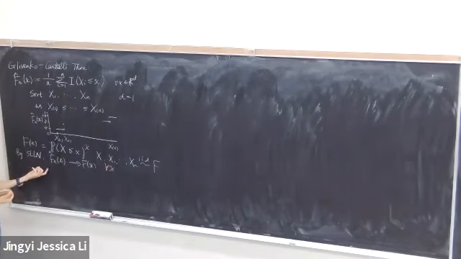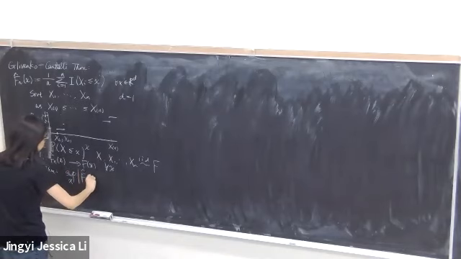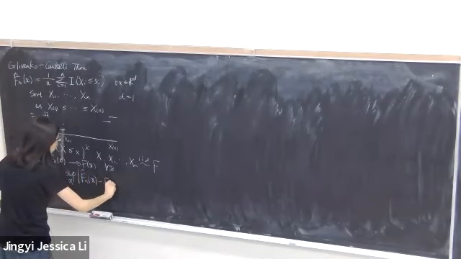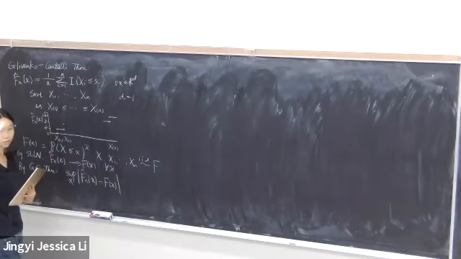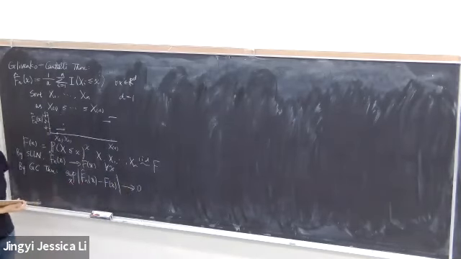For any fixed x, we have this pointwise convergence. But what the Glivenko-Cantelli (GC) theorem tells us is we have more than this. What this says is that if you take the sup of the absolute difference, then the sup difference will converge to 0 as n goes to infinity.